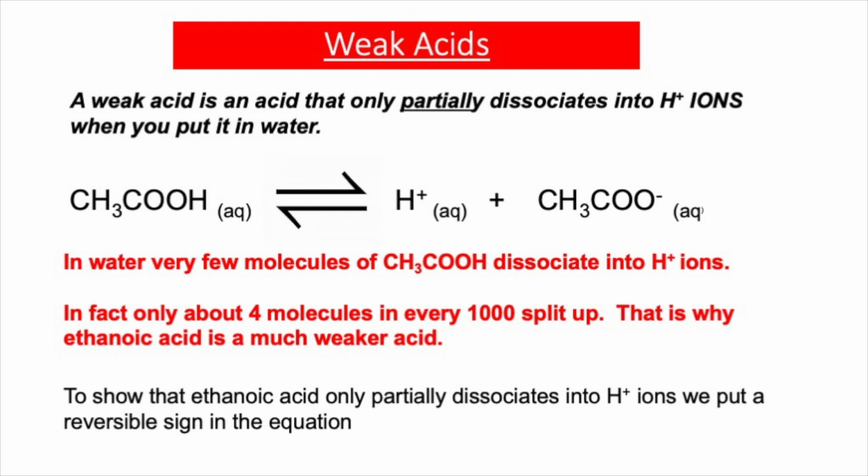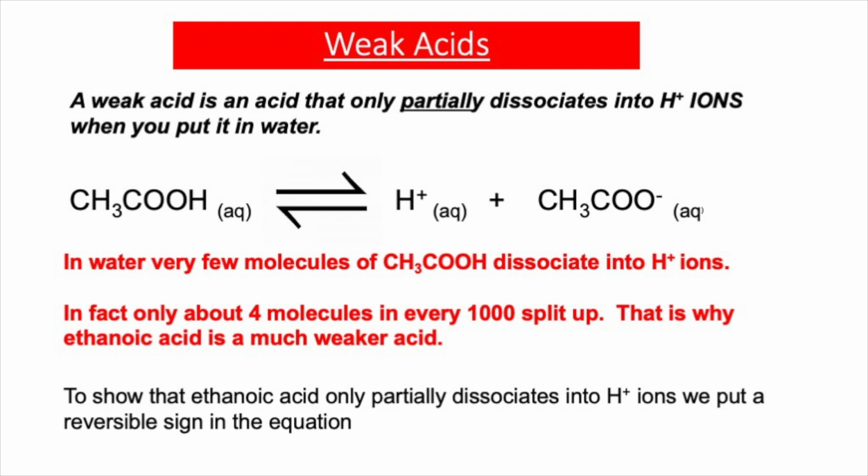Now, a weak acid is a substance that only partially splits up into H+ ions when you put it in water. So I've drawn ethanoic acid here, CH3COOH, and the aqueous sign, (aq), denotes that this is placed in water.